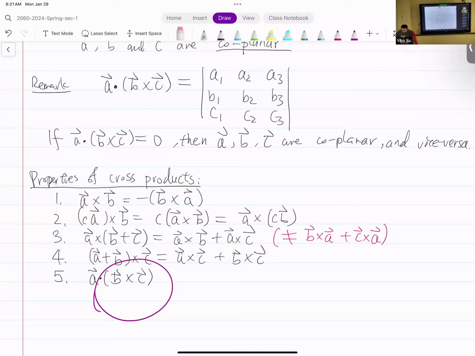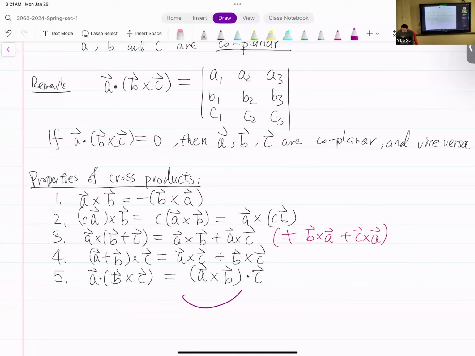That's also doable, but then there may be a sign difference. Okay, so here I'm just going to write down that this is true. A cross B dotting C will give you the exact same value as the left-hand side.